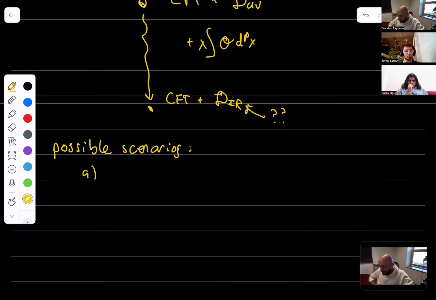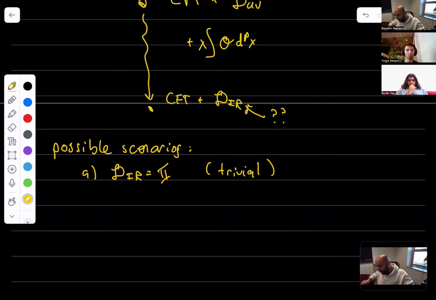So one possibility is simply that at long distances, the defect kind of disappears. Or maybe a little bit more precisely, the defect flows to the identity defect in the IR. So we call this trivial. Defect flows to a trivial defect in the IR. So in this scenario, if you're an observer that's sitting at long distances away from the defect, there's not really much you can do.